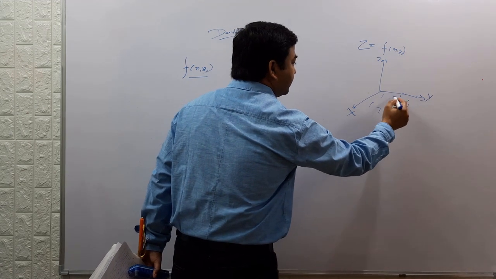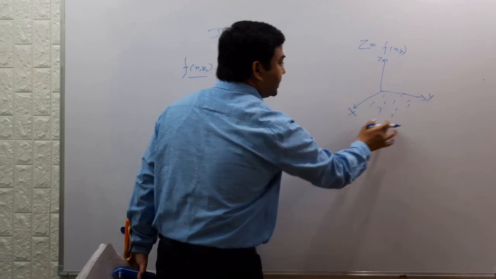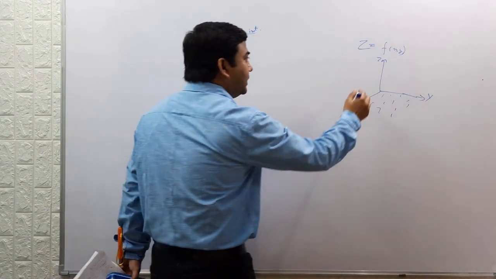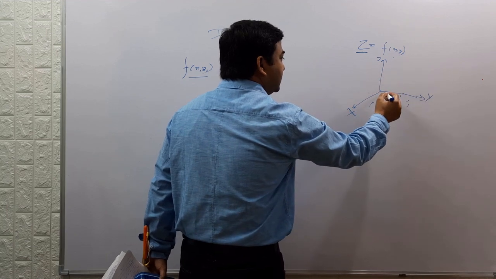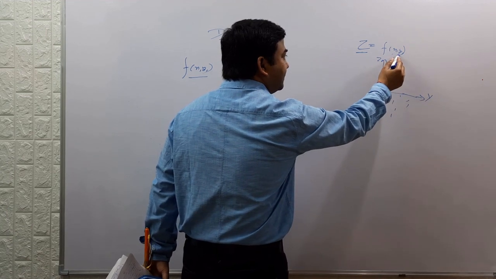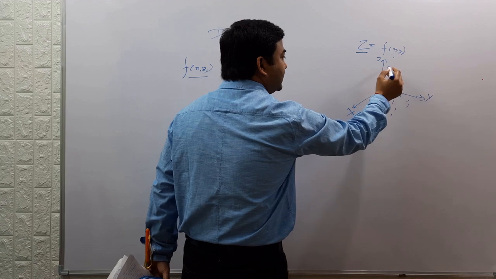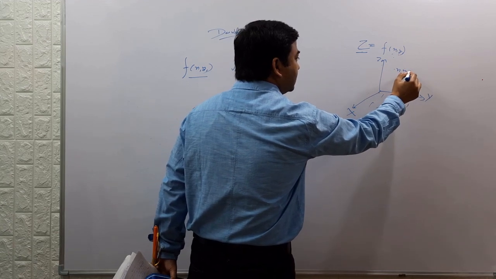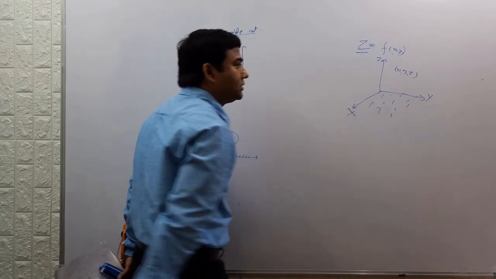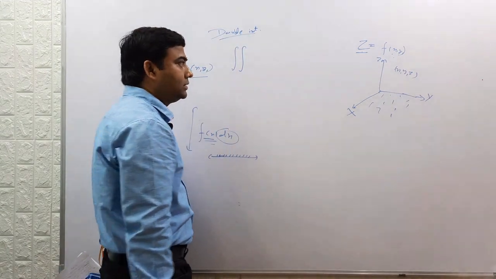All function points will lie on the xy plane. But we have used z equal to f(x, y), so for every value of x and y, there will be a value of z. So we will get a point (x, y, z).